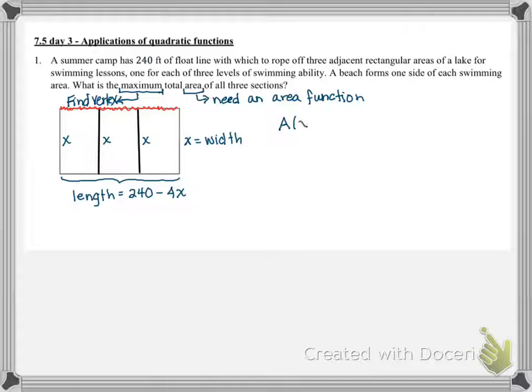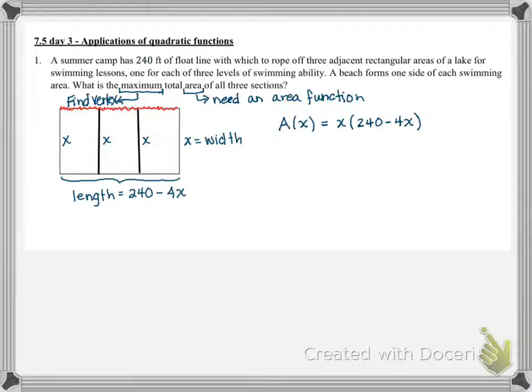I want its input to be x. And area is just length times width, right? So we have x times 240 minus 4x. The last time we did this, we didn't multiply it out because we weren't really doing anything with the function itself.